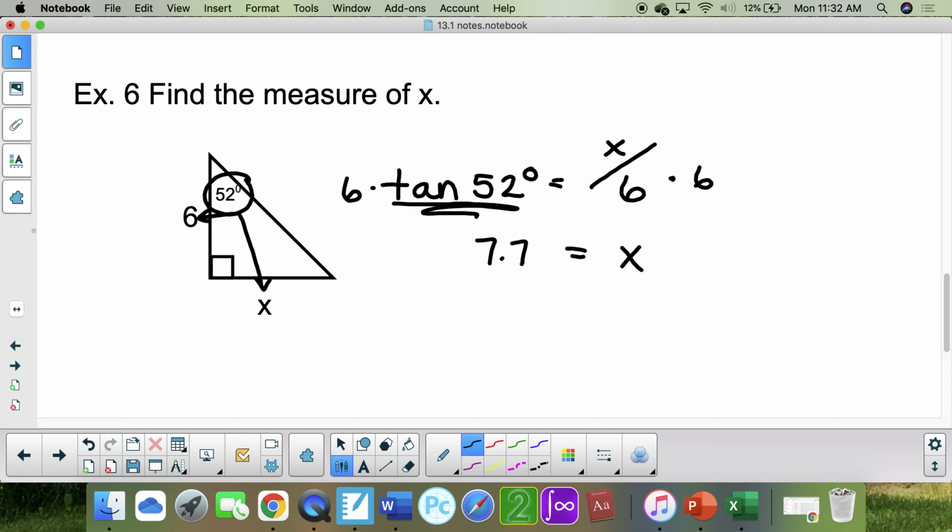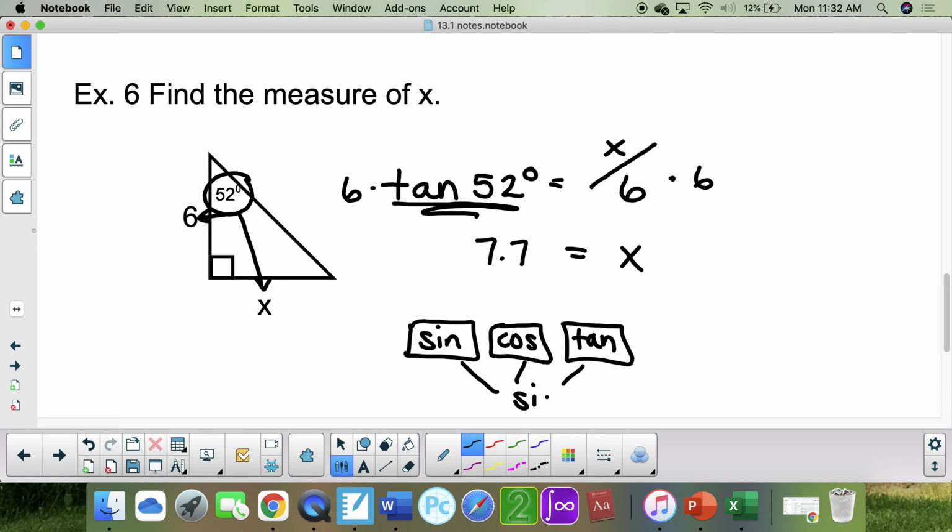So that's how you find the side, just using your sine, cosine, or tangent button. You have a sine button, you have a cosine button, and you have a tangent button. Those help you come up with the sides. You also have a sine inverse button, a cosine inverse button, and a tangent inverse button.